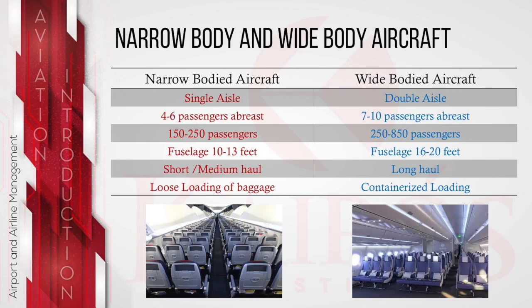Narrow-body aeroplanes have single aisle, whereas a wide-body aircraft has double aisle. Aisle, though it's written as A-I-S-L-E, the S remains silent and it is pronounced as aisle.